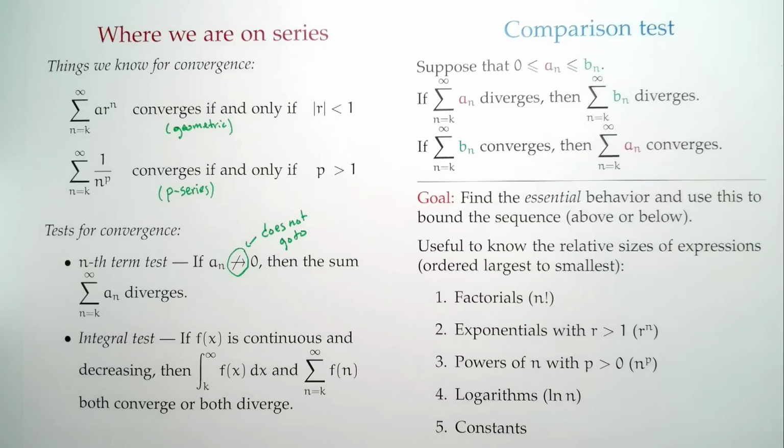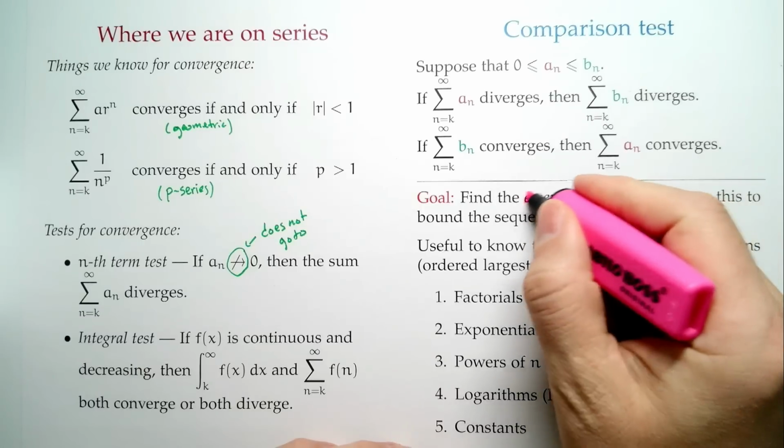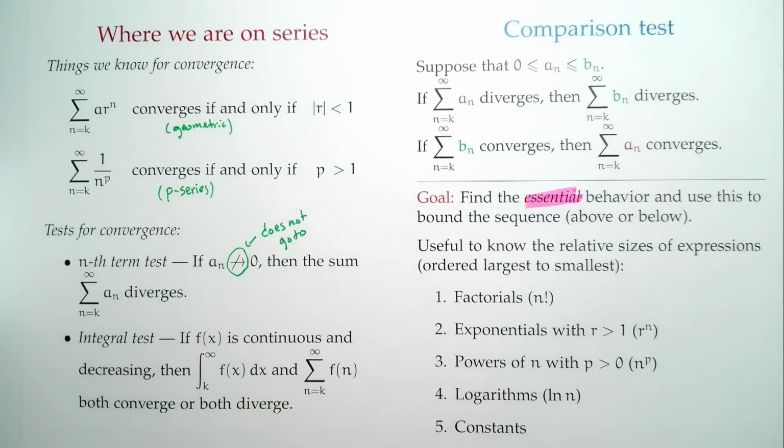Our goal is to compare things, and whenever we're comparing, we always want to compare to something simpler. In essence, find the essential behavior. What's really causing the growth? What's making things get large or get small? If we can understand that, we can focus on it and use it to run comparisons.